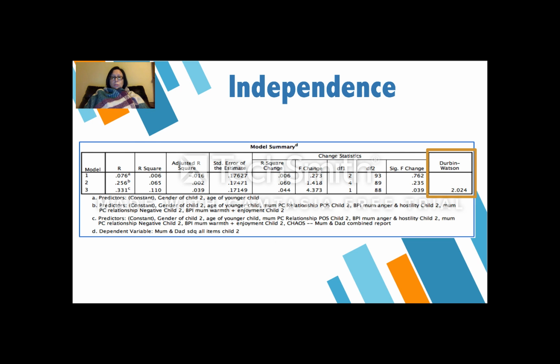The closer to 2 that the value is, the better. And for these data, the value is 2.024, which is close to 2, and the assumption has almost certainly been met.